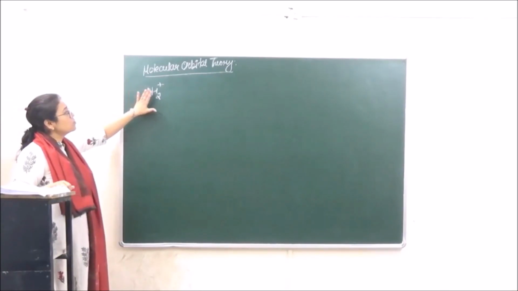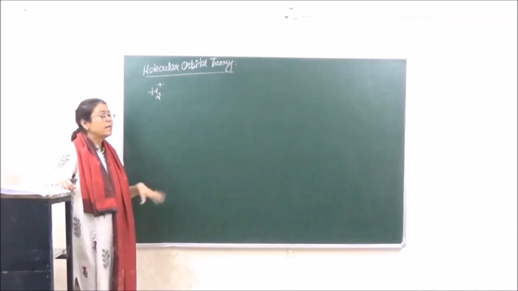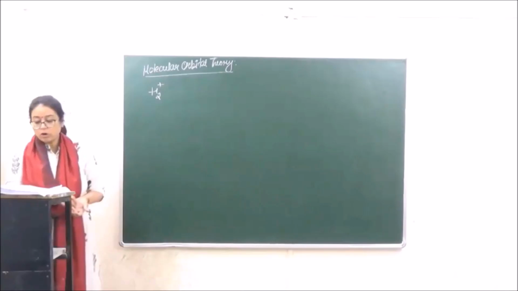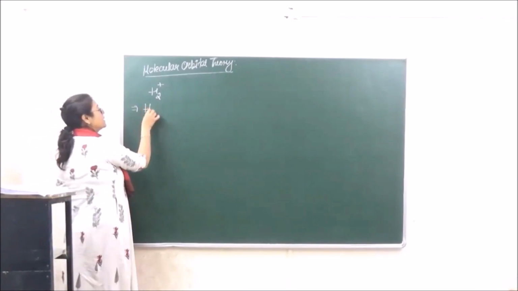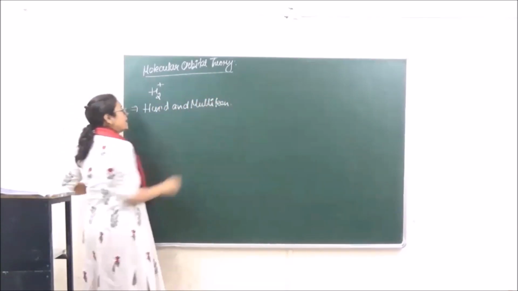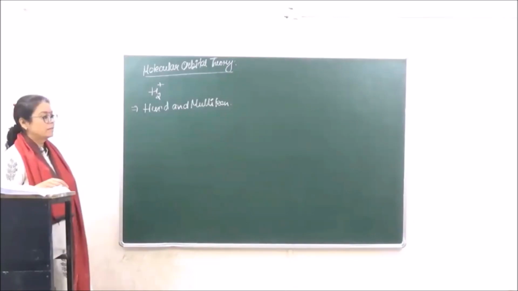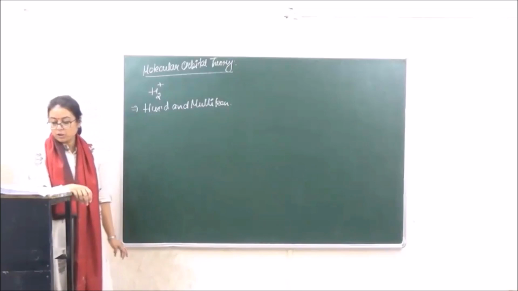Formation of odd electron molecules was also not explained on the basis of VSEPR theory. Then the molecular orbital theory was proposed by two scientists, Hund and Mulliken.